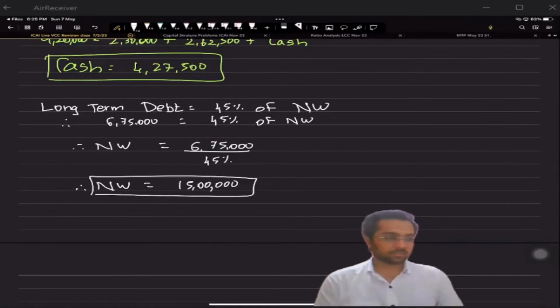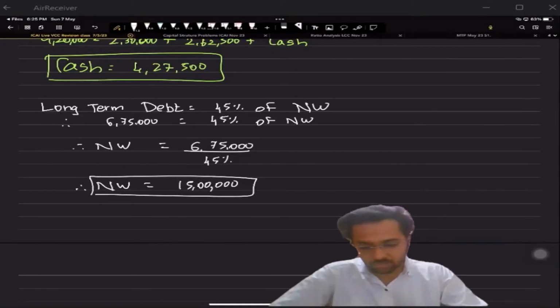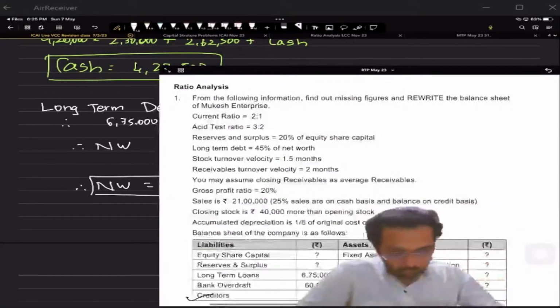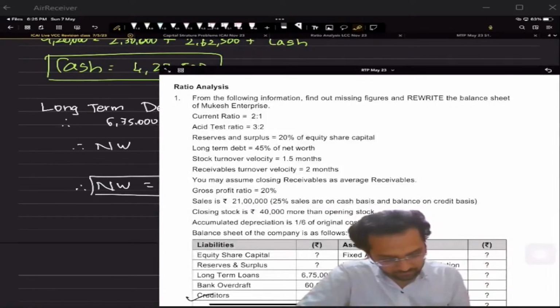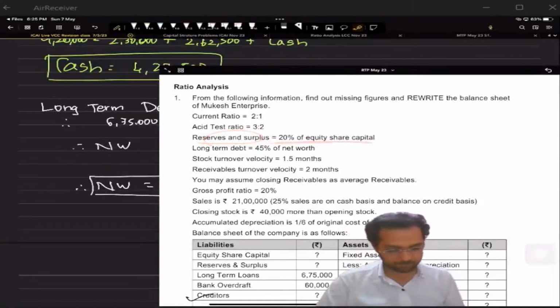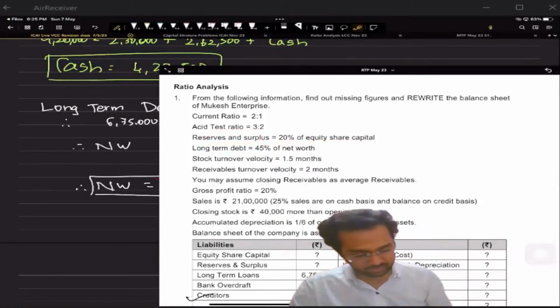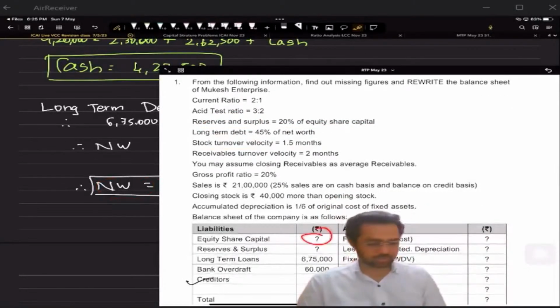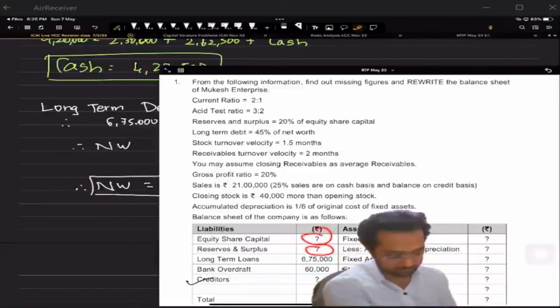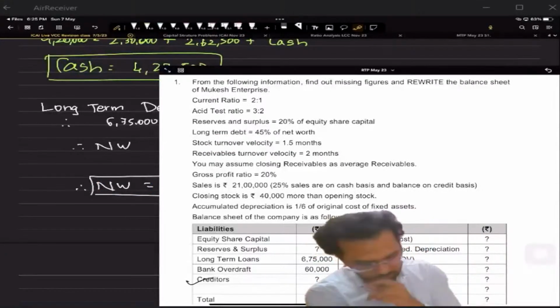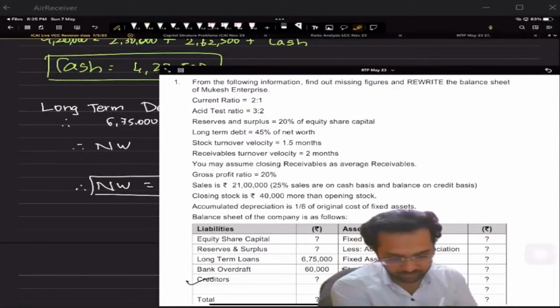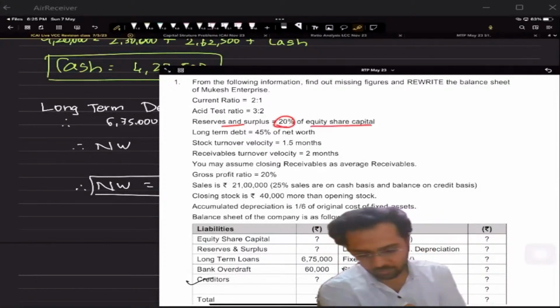Net worth is 15 lakhs. Now, if you look at the other thing, net worth is 15 lakh, but we have this reserves and surplus as 20% of equity share capital. So I need to break this net worth into two portions. One is the equity share capital and the reserves and surplus.